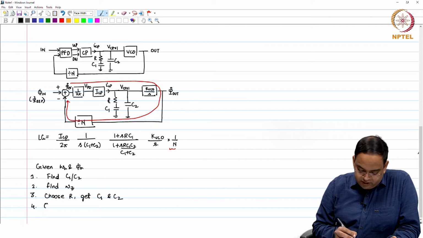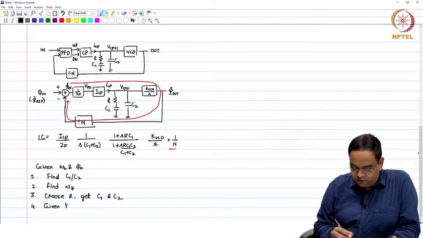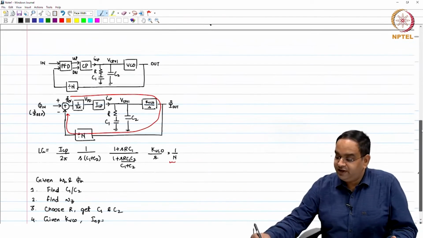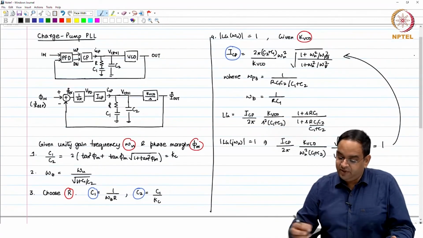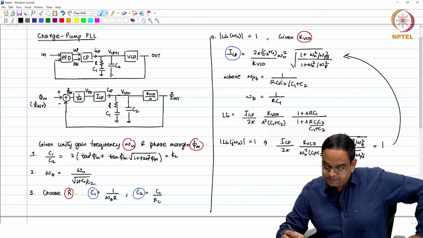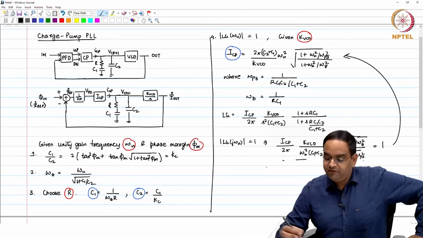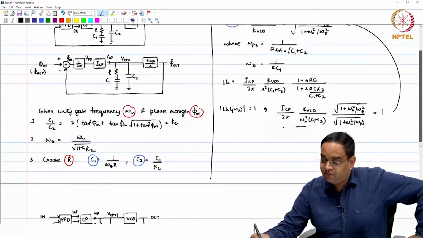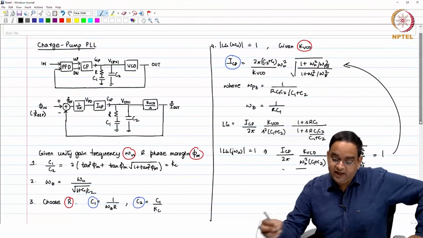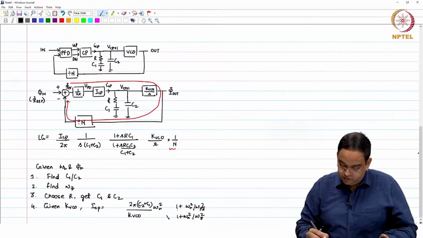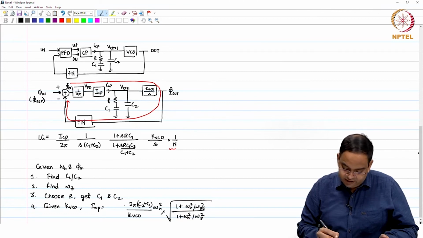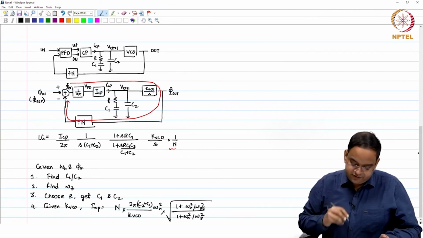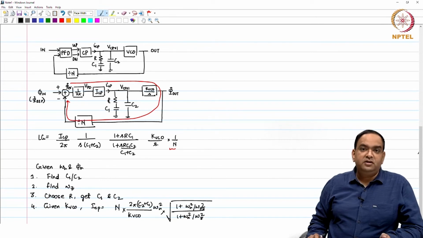Fourth, given KVCO, you get ICP. The only difference here now, in your ICP, you are going to have N also in this transfer function. If you have N in the denominator, in the numerator you will get N times. So, you get the current.